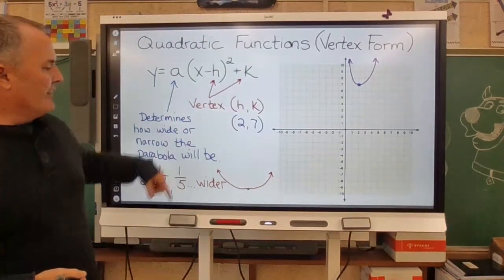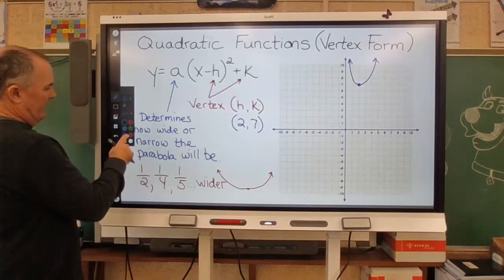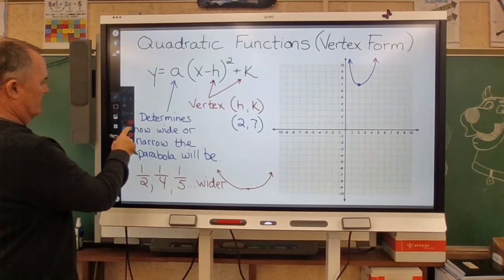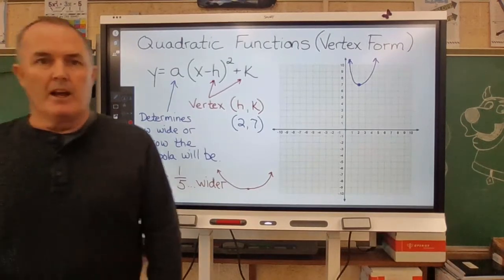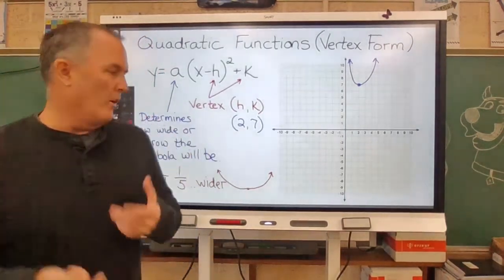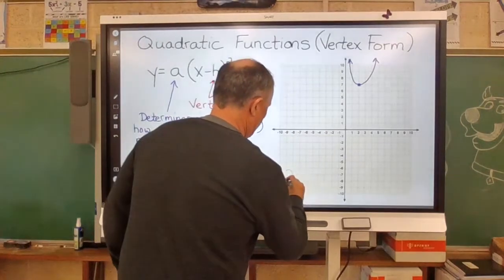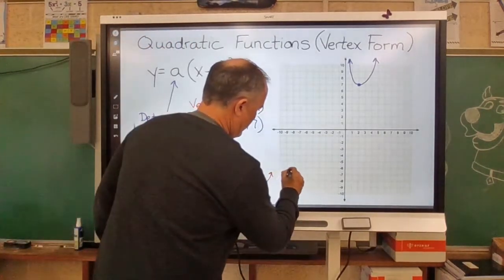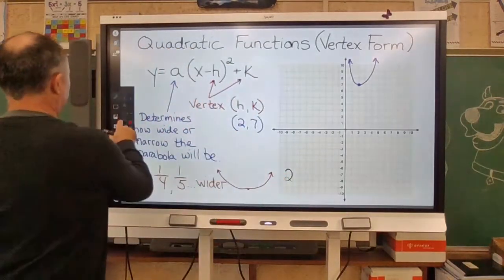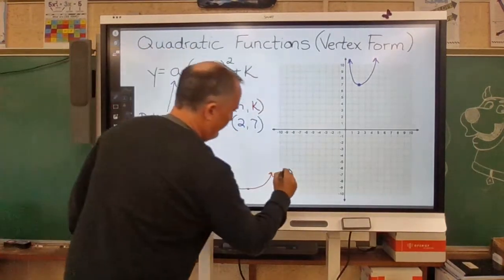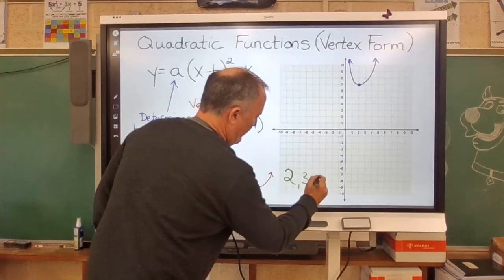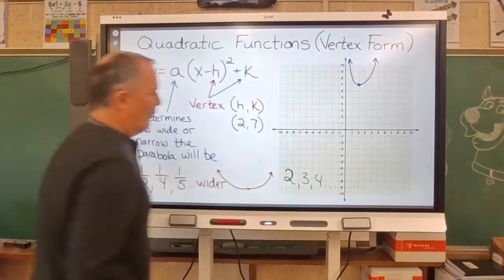All right. If the number is, let's use green, I guess. I haven't used green on this board. All right. If the number is greater than 1, like say 2, 3, 4, whatever.